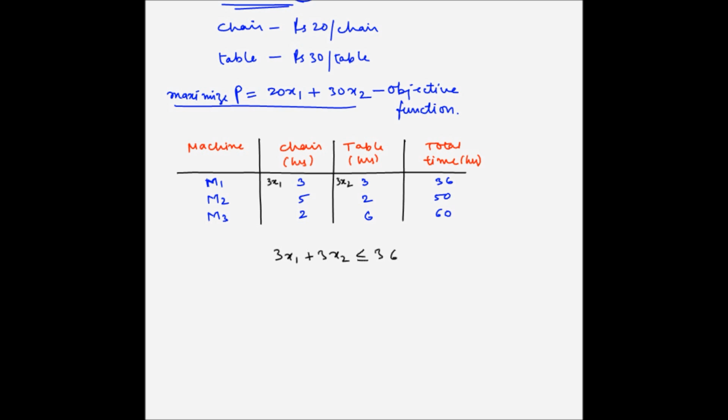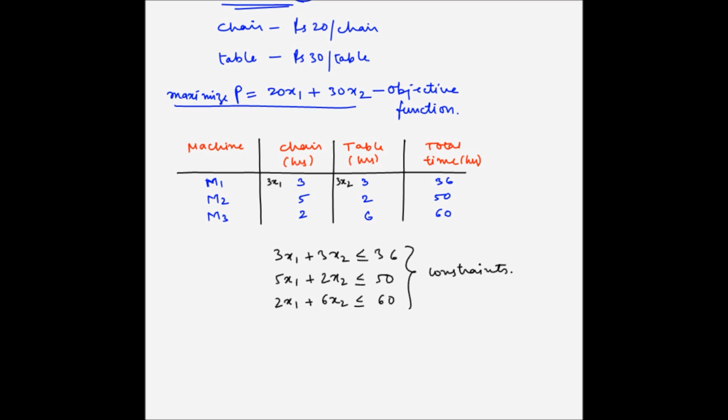Similarly, for machine M2, we'll have 5x1 plus 2x2 less than or equal to 50, and for machine M3, 2x1 plus 6x2 less than or equal to 60. So these are the constraints.